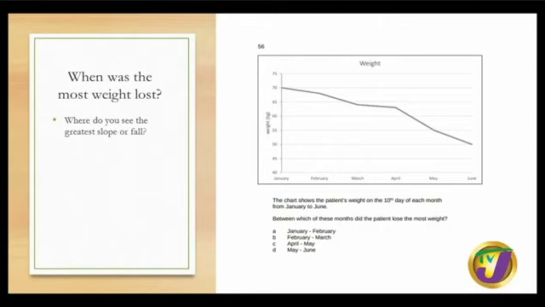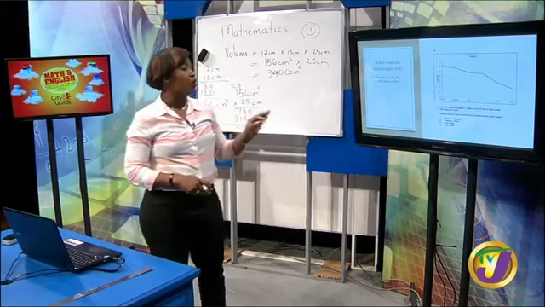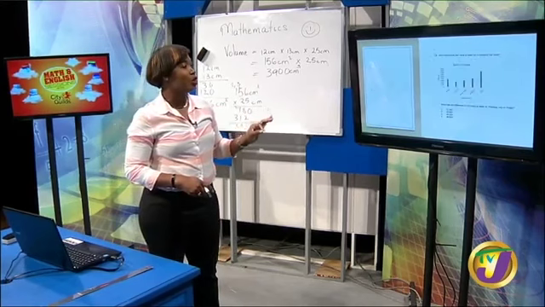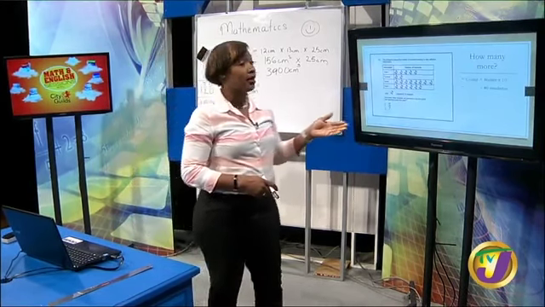If you look at the numbers now, from April you are at about 60, say 63, and then all the way down to pretty much 55. That's a very big change. So your greatest slope would be from April to May. Thank you very much for looking with us.